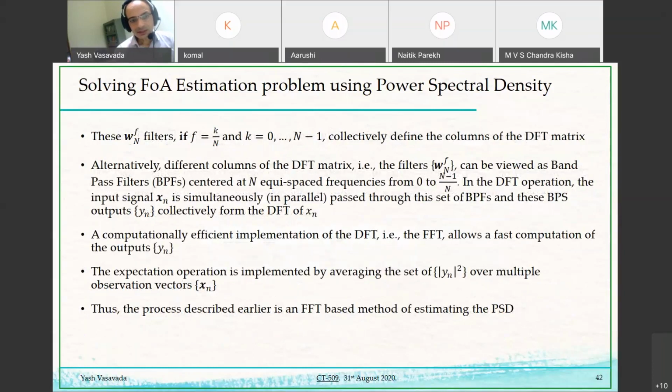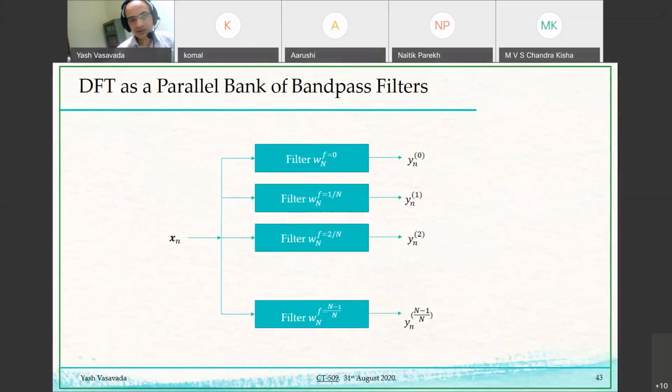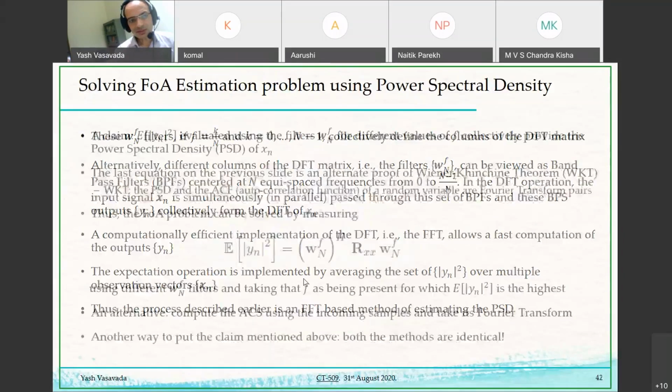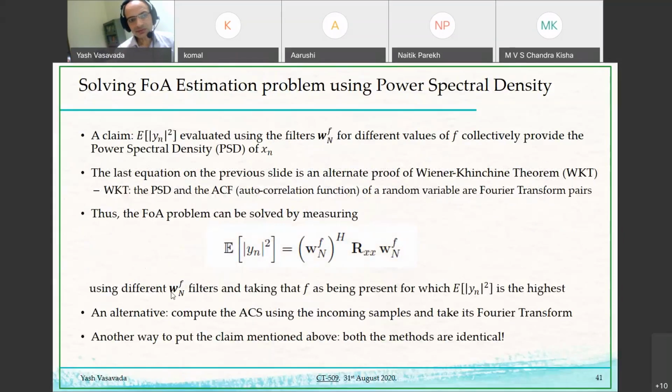So effectively, what we are doing in this method of power spectral density estimation is taking our input signal and passing it through what is known as a bank of filters. Remember, we said that we cannot use just one filter. We have to use different filters for different frequencies.